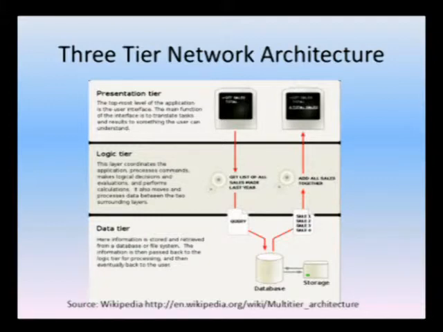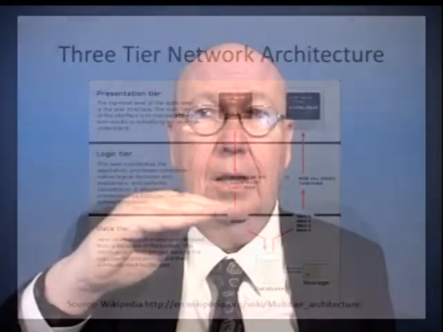So again, just as the layers of a single computer are good because they divide up the complexity and make it approachable, the tiers of a network are good because it allows different machines to specialize.